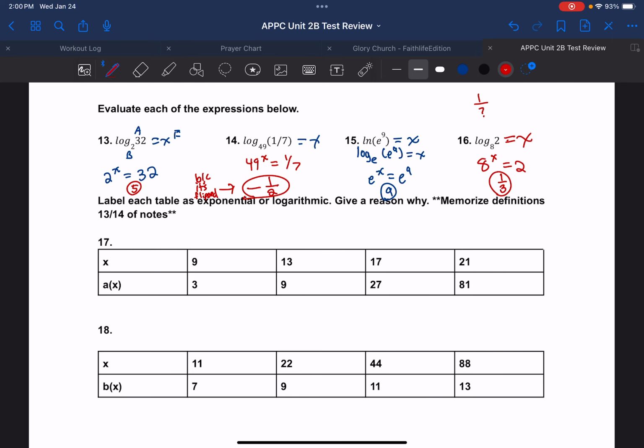And then make sure you pay attention to this part right here. The definition is going to be really important, and I'll show you what I mean here. So label each table as exponential or logarithmic. So for my input values, x is my input values, and my function a of x is my output values. These are plus 4, plus 4, plus 4.